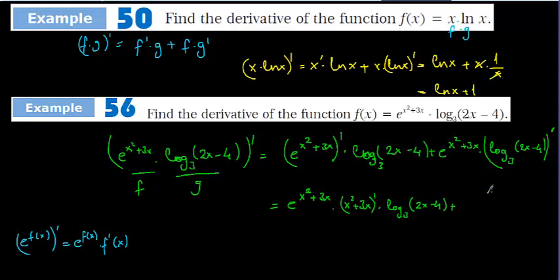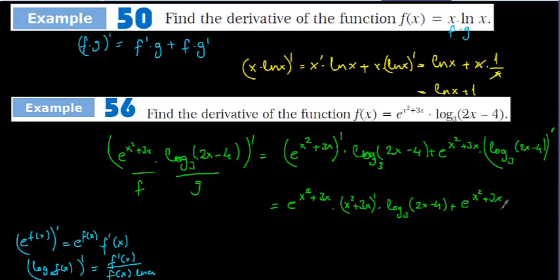Here e to the power of x squared plus 3x is the common term, and for the derivative of the second one, if you remember, the derivative of logarithm base a of f(x) is equal to f derivative of x over f(x) times ln a.